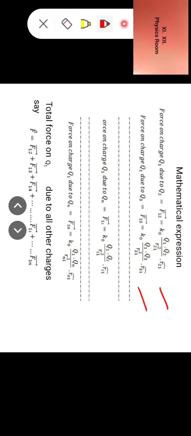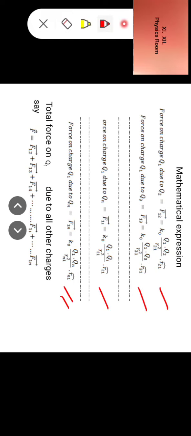Similarly, force on charge Q1 due to Qi is F1i equal to K naught Q1 Qi divided by Ri1 square into Ri1 cap. And force on charge Q1 due to Qn is F1n equal to K naught Q1 Qn divided by Rn1 square into unit vector Rn1.